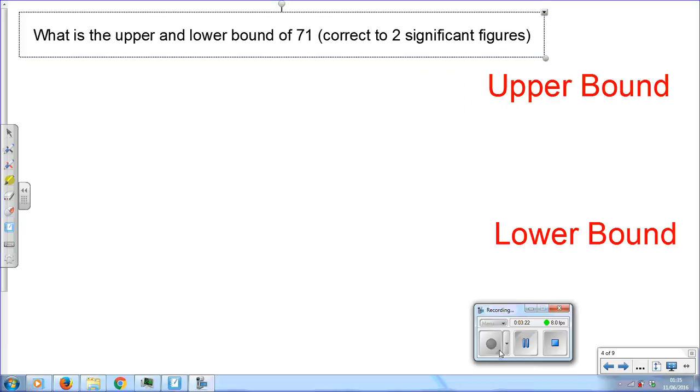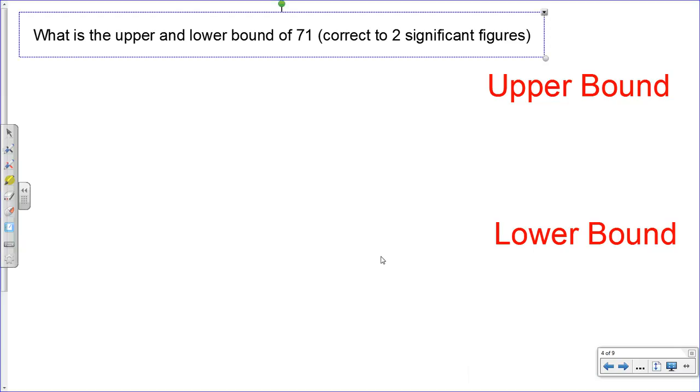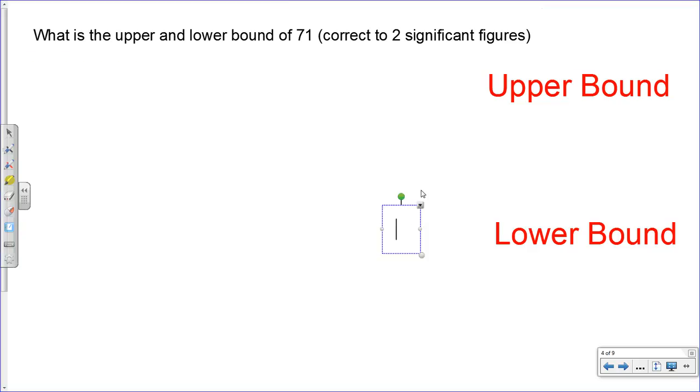Now, let's look at this one. What is the upper and lower bound of 71 correct to 2 significant figures? The lower bound will be 70.5, because if you were to round that up, that would become 71, and that would obviously be 2 significant figures.